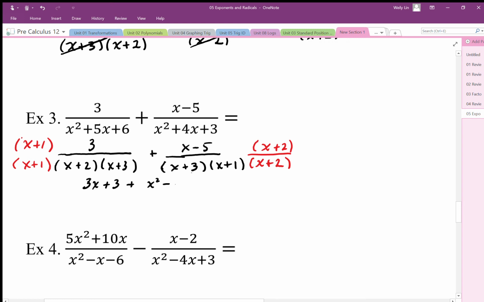So the minus 5 plus 2 is minus 3x's. And then minus 5 times plus 2. Okay, so there's my numerator. I can simplify a little bit, and I'm not going to do anything other than just keep track of my denominator now.